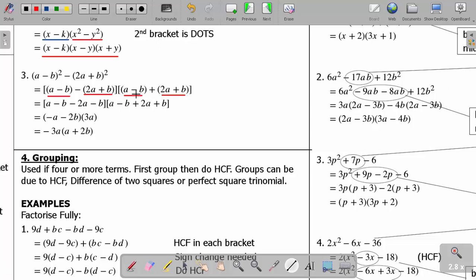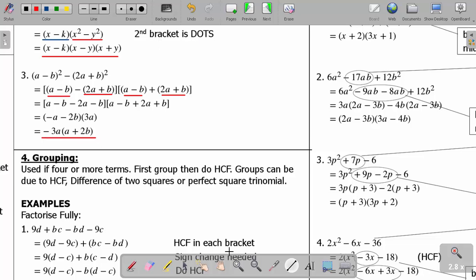I'm going to have a minus b, then plus 2a plus b. Now a plus 2a gives me 3a. Minus b plus b gives me 0, so there will be 3a left here. So what's my answer? Because of the -1, it is going to be negative 3a into a plus 2b as my final answer.